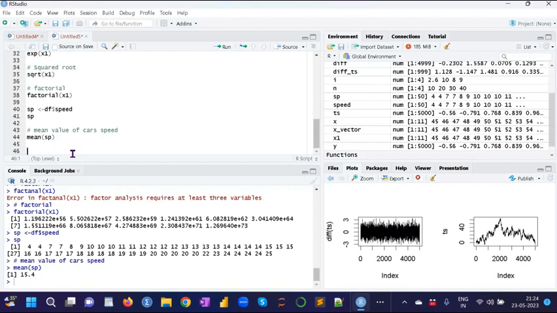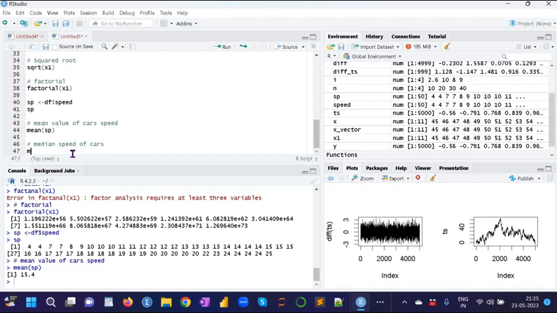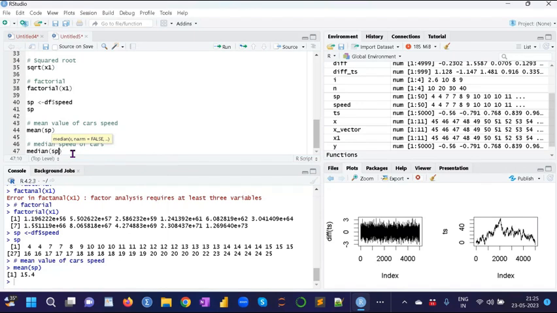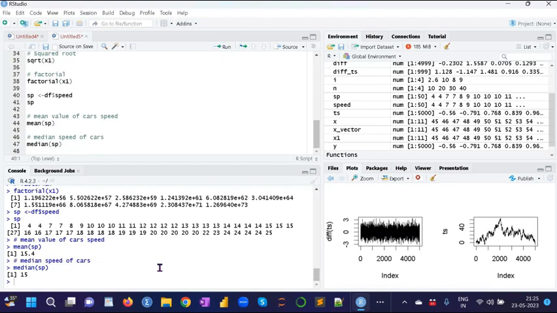And next I want the median. The median value is 50.